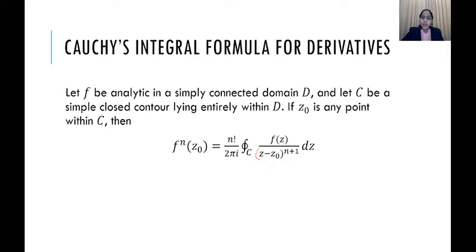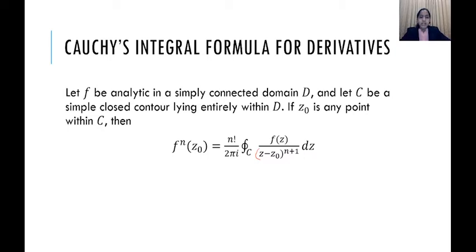So this is the Cauchy's integral formula for derivatives. Keep in mind the formula: f^(n)(z₀) is equal to n factorial by 2πi into integral over C of f(z) by (z minus z₀) raised to n plus 1 into dz.